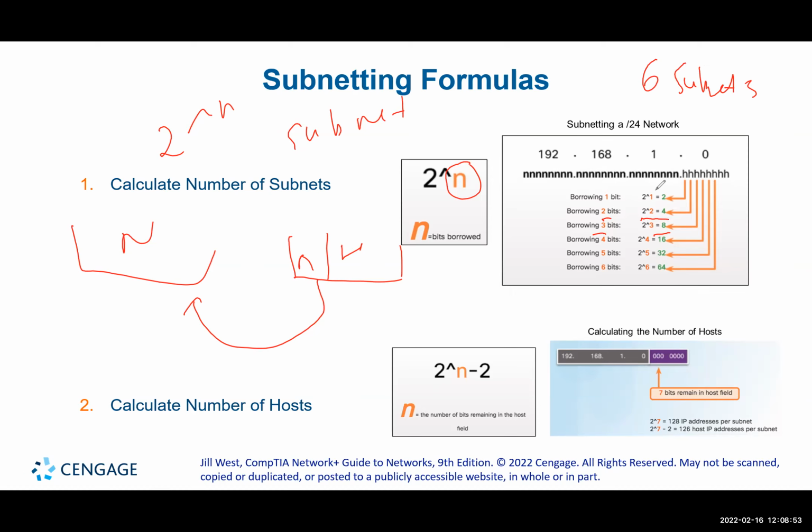No, I'm asking you that I want to break it down into 6 subnets, not borrow 6 bits. Would you need to borrow 5? No, 5 is too much. 2 to the power 5, you have 32. Too many. I only need 6.